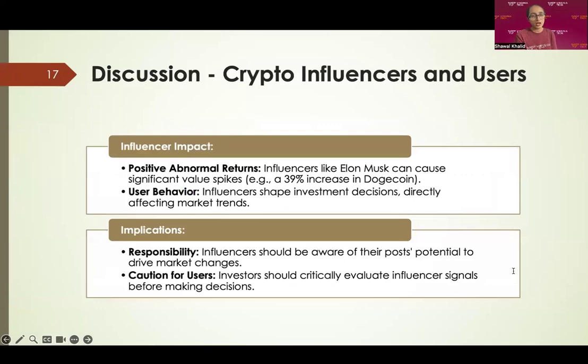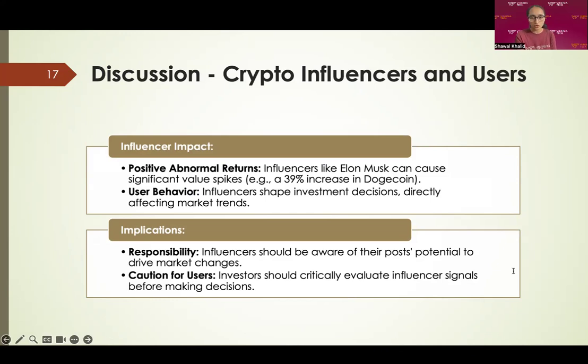All right, so now we will talk about some influence and discussion for the crypto influencers and users based on the study. First, the study shows a certain influencer impact. First is, of course, the price changes. Influencers like Elon Musk can actually cause major price shifts, such as a 39% rise in Dogecoin from one tweet within just 24 hours, which is huge.